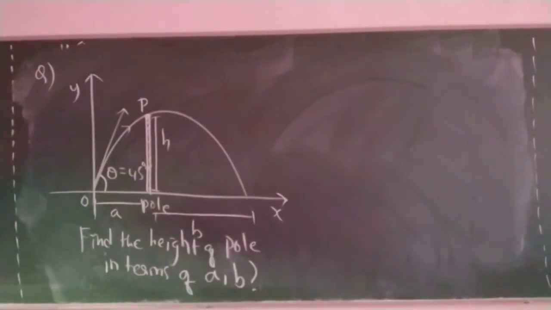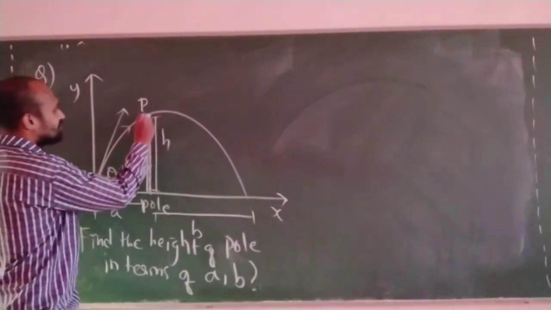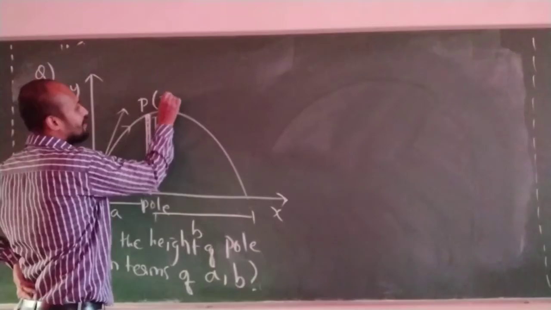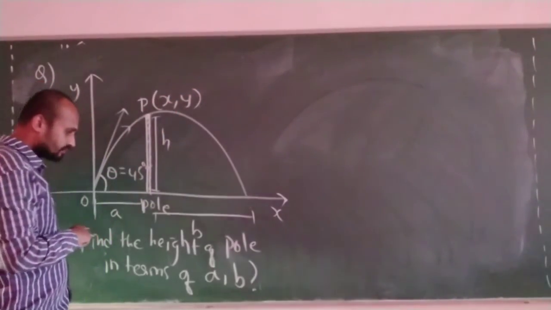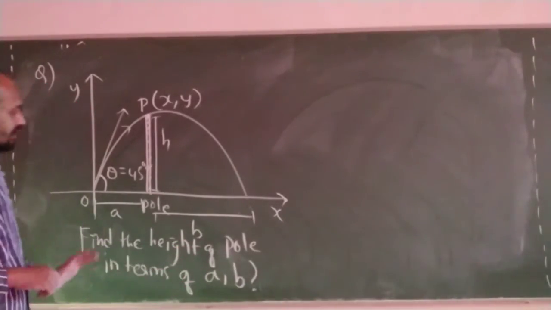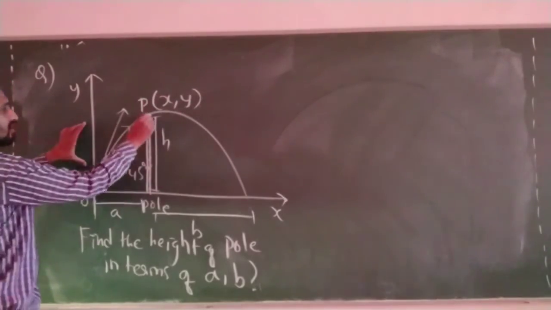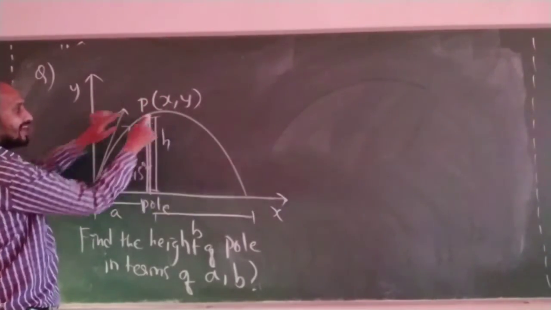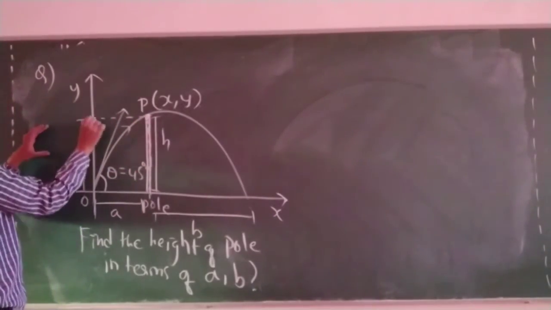If you observe this problem, see what I am going to do. I am assuming this point P is at x comma y. I must find the height of the pole in terms of a, b. Observe this. These coordinates x comma y. Don't you think this y is h only? This is h, the y coordinate.